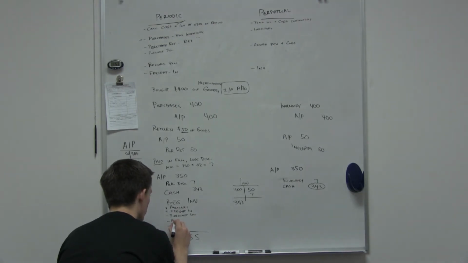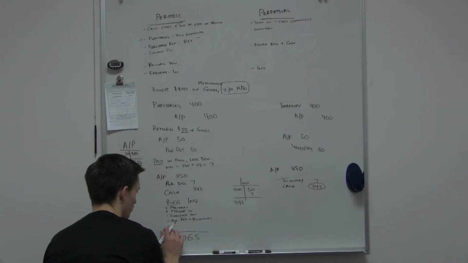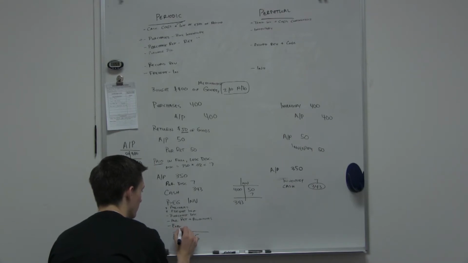Yeah, purchase returns and allowances. And then I'll just give you the last one unless you remember it. Oh, we already did freight, right? And we just subtract off our ending inventory. Right, okay.